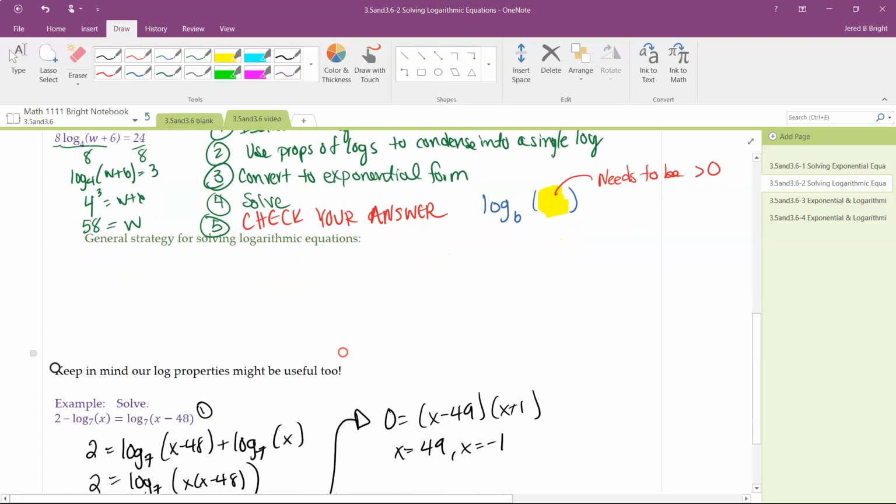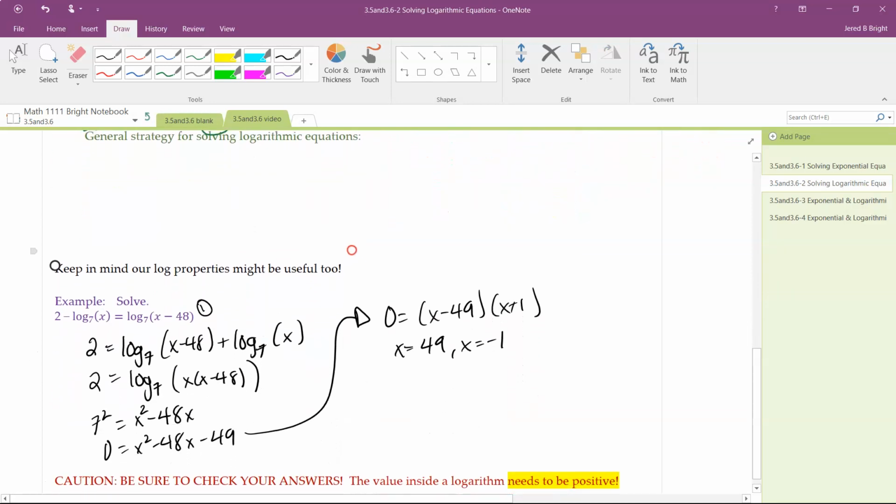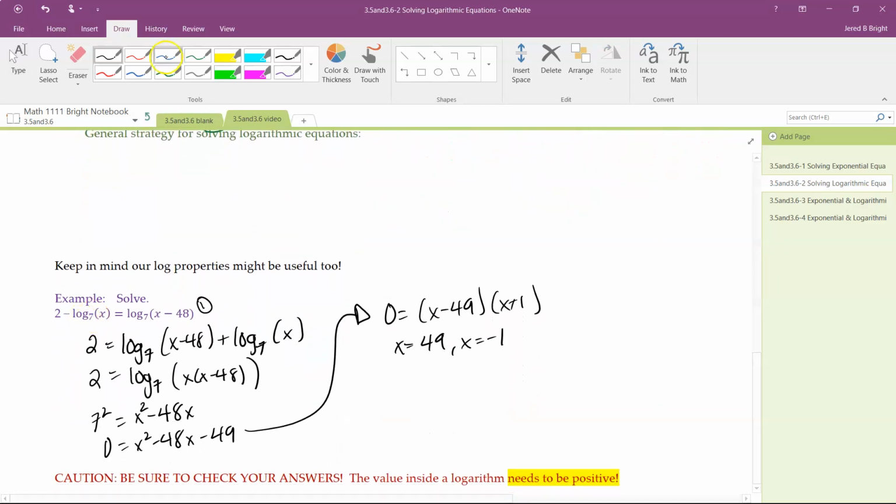Then I'm going to use properties of logs to condense into a single log. So I had to end up moving the log base 7 of x over to the other side. And when I did, I condensed it here into x times x minus 48 using properties of logs. Next, I converted it to exponential form. That was step 3. And then I worked on solving it in step 4.